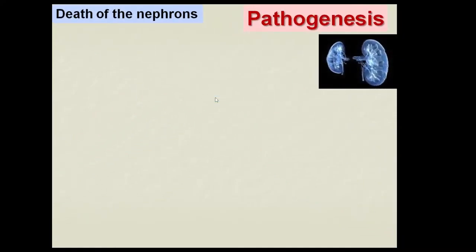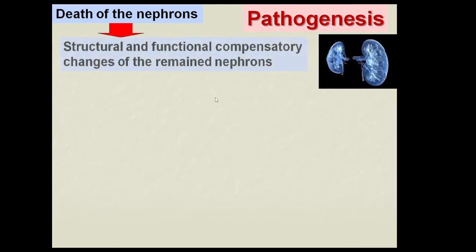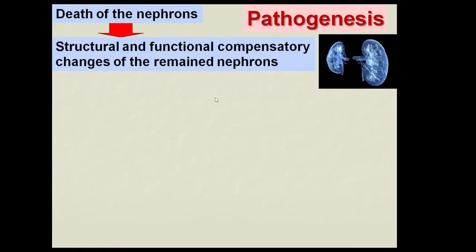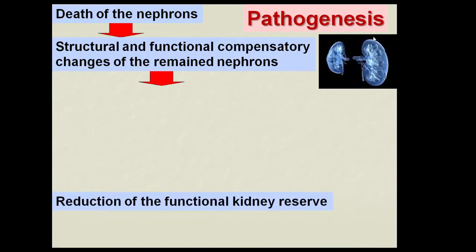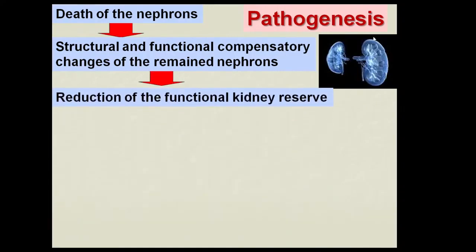Renal failure appears due to progressive death of nephrons, the main active units of the kidney. As a result, there will be structural and functional compensatory changes of the remaining nephrons. I told you, one healthy kidney can compensate for the affected one for a long time, and patients sometimes can live unaware of the problem.